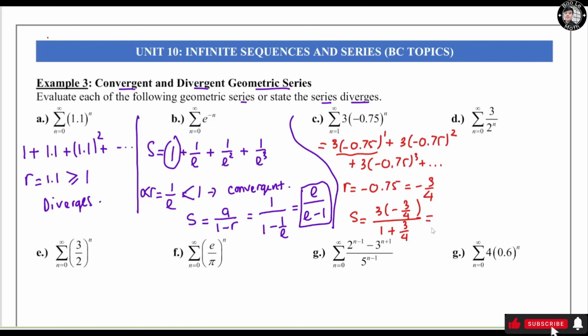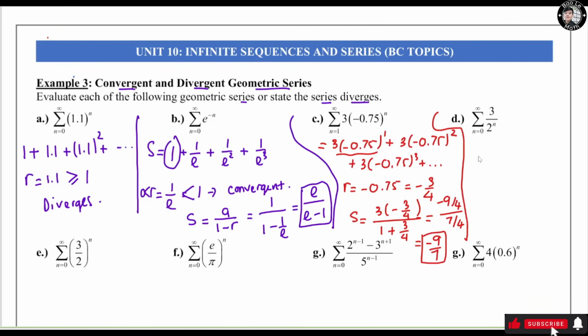So we're going to simplify this one. It's going to be -9 over 4, divided by, simplify this one, 7 over 4. Now let's multiply the top and bottom by 4. So the final answer must be -9 over 7.